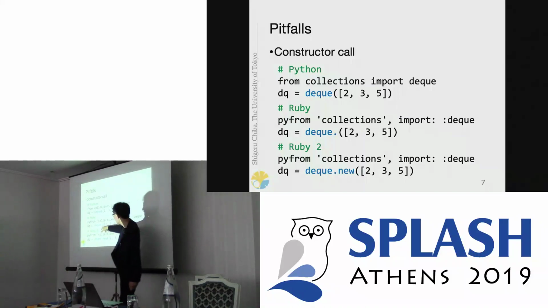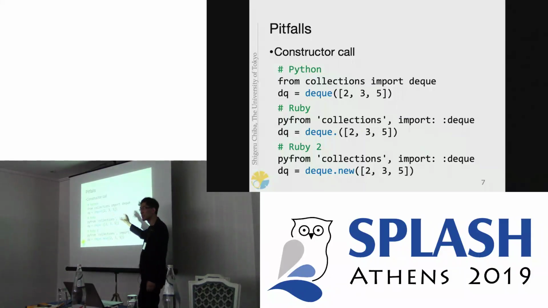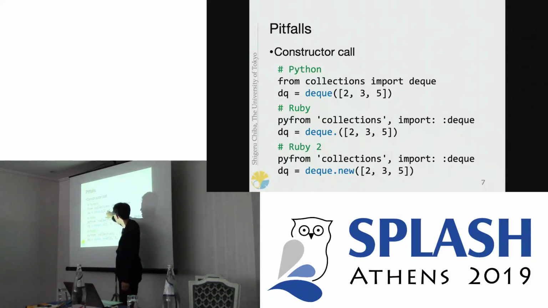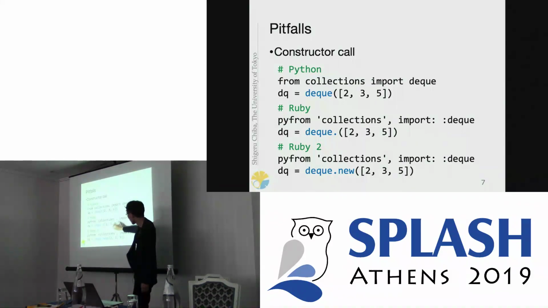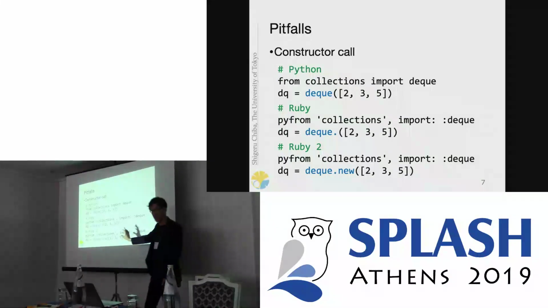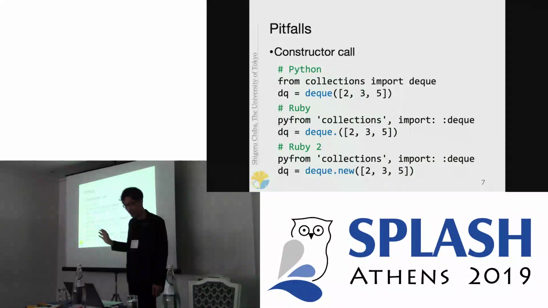Because deque is a class name in Ruby, but this one has to be a constructor call. To distinguish, Ruby users have to place a dot here, or explicitly write dict.new because this is an object creation in Ruby. It's a very minor thing, but very annoying.